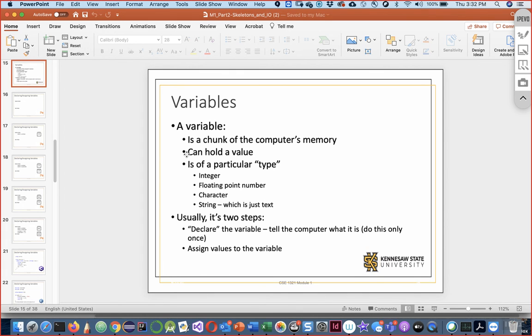Okay, there is a mistake in this slide. It should be operators, associativity and precedence.